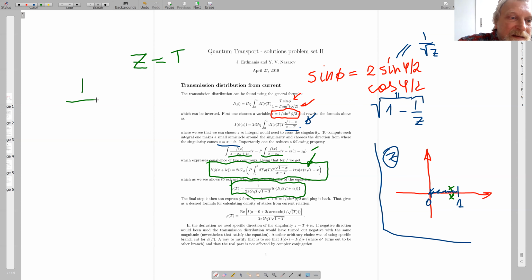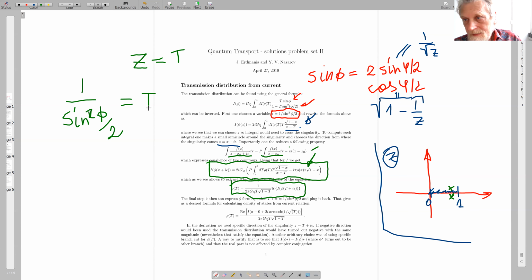So that means that sine, we need to solve this equation to understand at which phase rather than z we have this peculiarity.